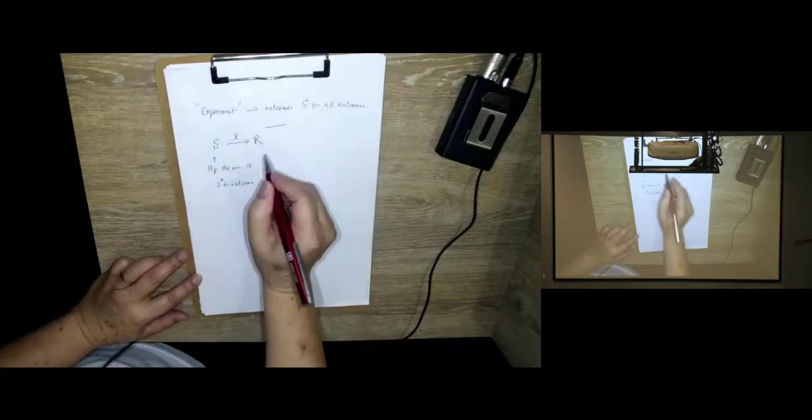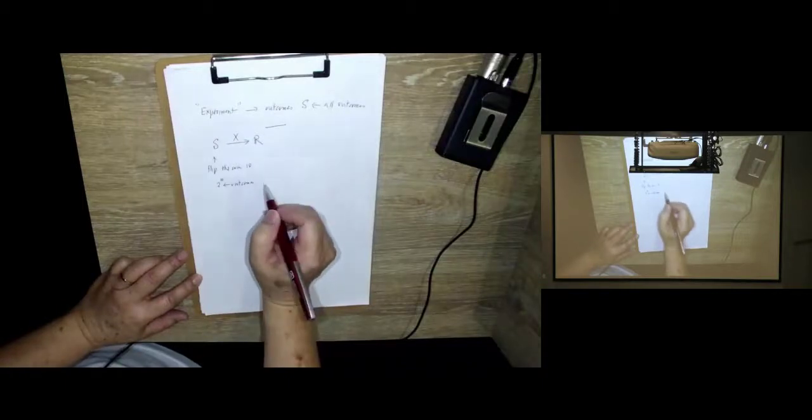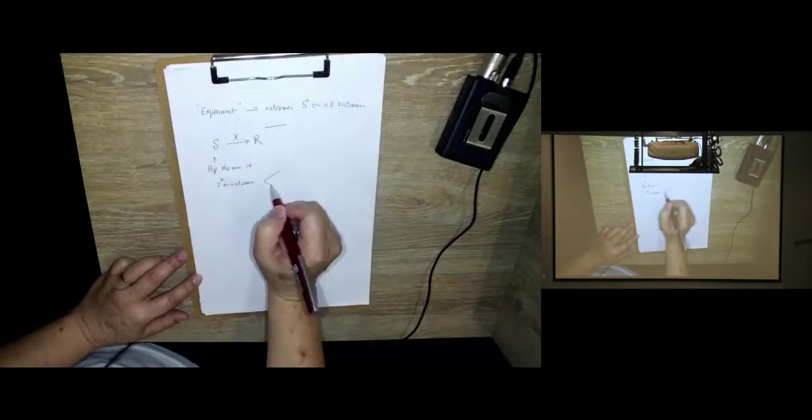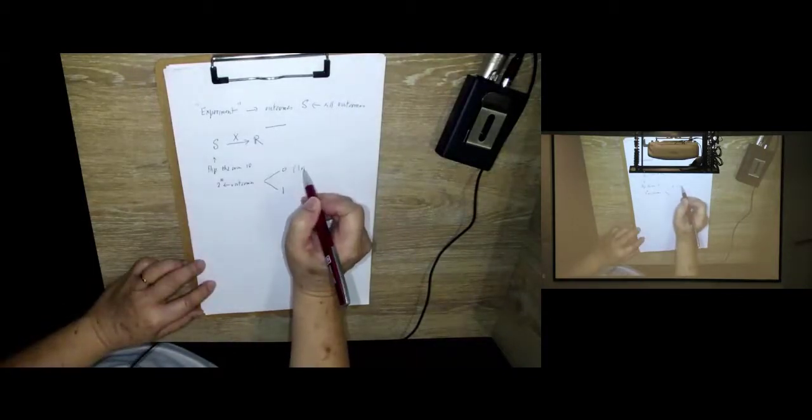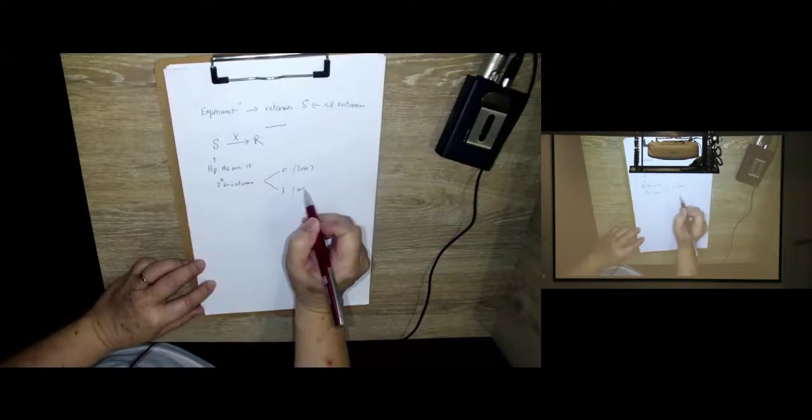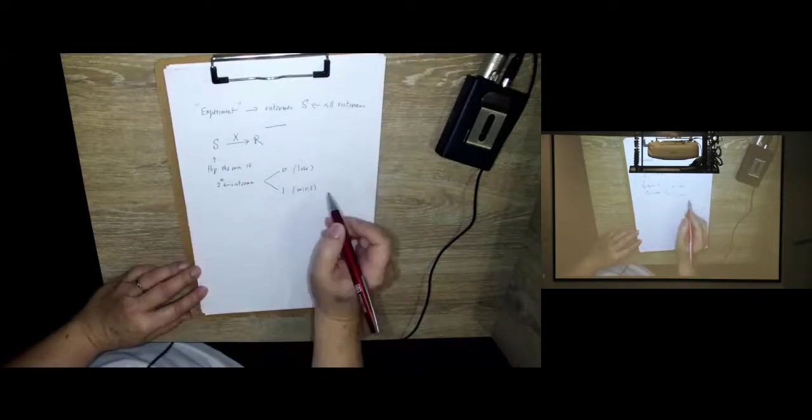But for each outcome, you associate it with 0 or 1. 0 means you lose, and 1 means you win.